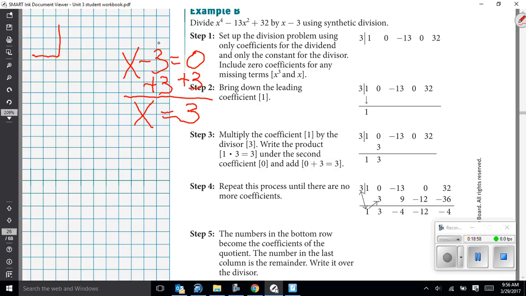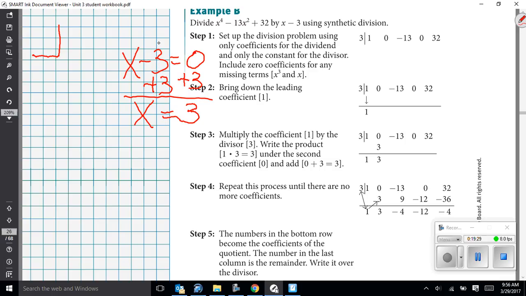No. So how many x cubes do we have? 0. So that's where that 0 is coming from. And then x squared, how many x squareds do we have? Negative 13. How many x's do we have? 0. And then constants on the end? 32. So that's where those numbers are coming from. So this 3 is what x equals, and these are all of the leading coefficients in front of each term.